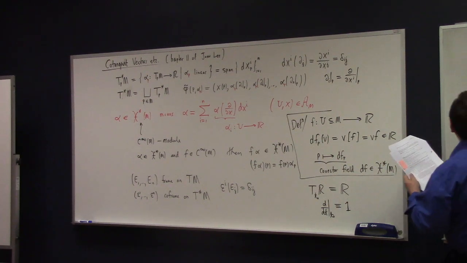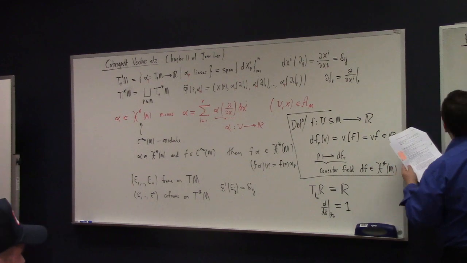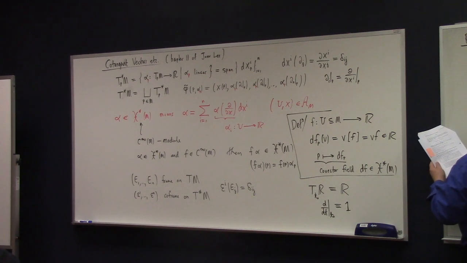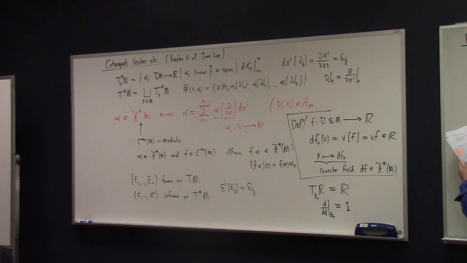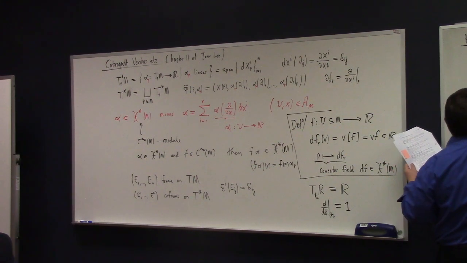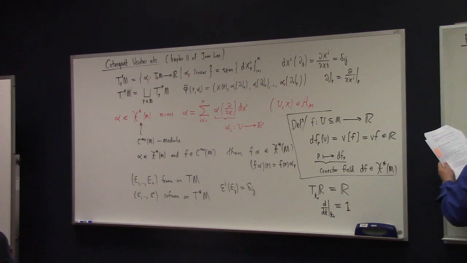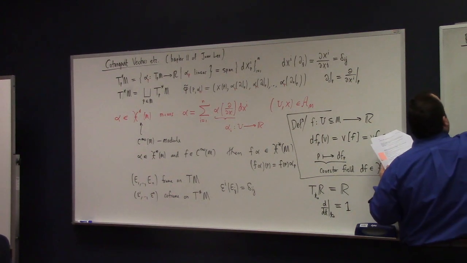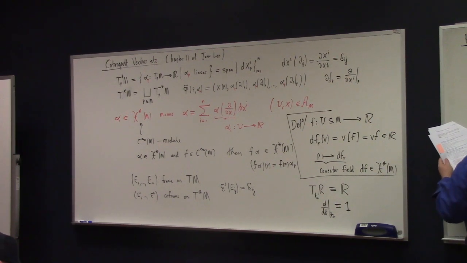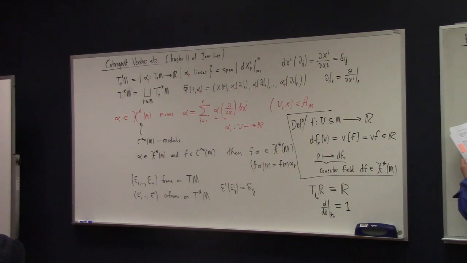And proposition 11.22 says that if f is a smooth R-valued function on a manifold M with or without boundary, then df equals 0 if and only if f is constant on each connected component of M. I added the language connected component.